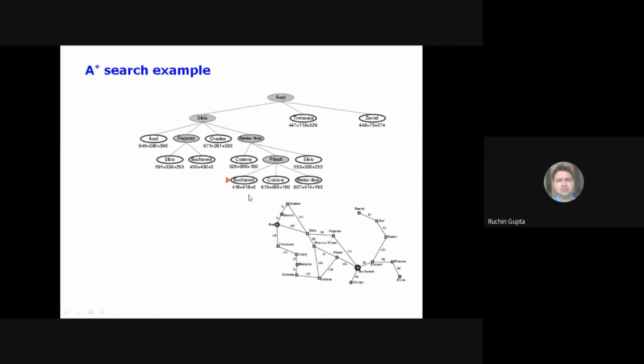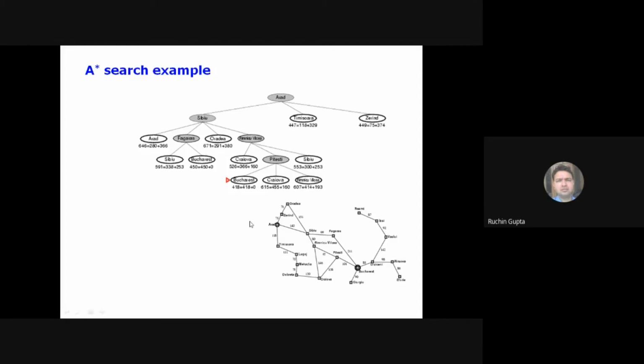So you see that at this time we are getting the node Bucharest, which has the f(n) value 480. So what are the nodes available at this time? Arad, Sibiu, Bucharest, Oradea, Craiova, Bucharest, Craiova, Rimnicu Vilcea, Sibiu, Timisoara, and Zerind. And you see that Bucharest is the node which has the minimum value of f(n), which is 480.